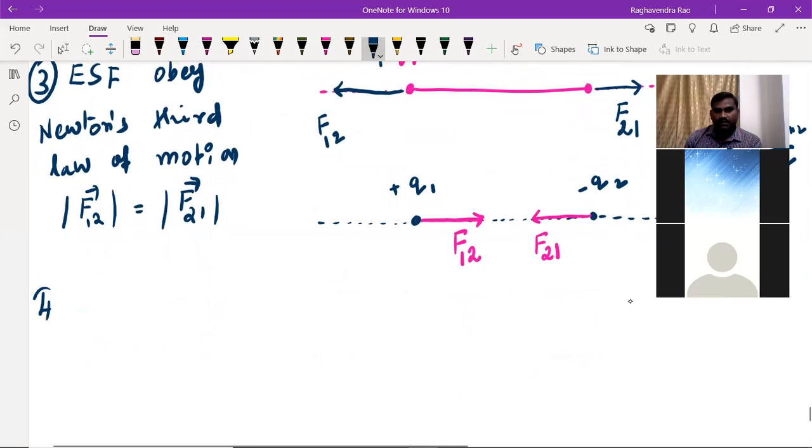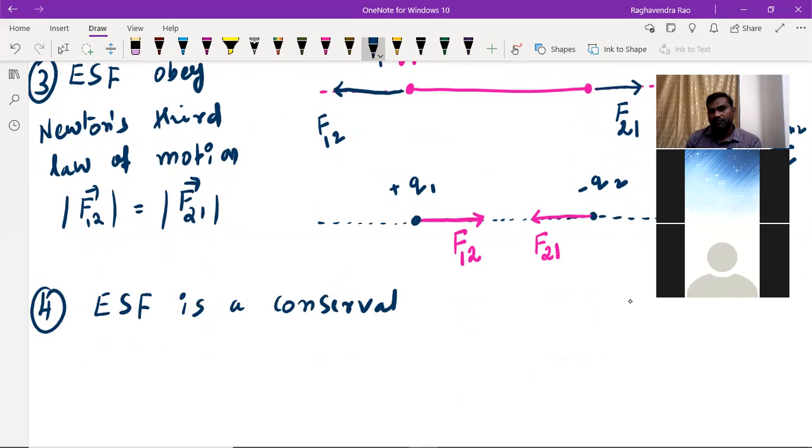Right, next point. Electrostatic force is a conservative force. In the chapter of work, energy, power, in the first year, you have the conservative force. What is meant by conservative force? The work done by the force does not depend on the path followed by the body.